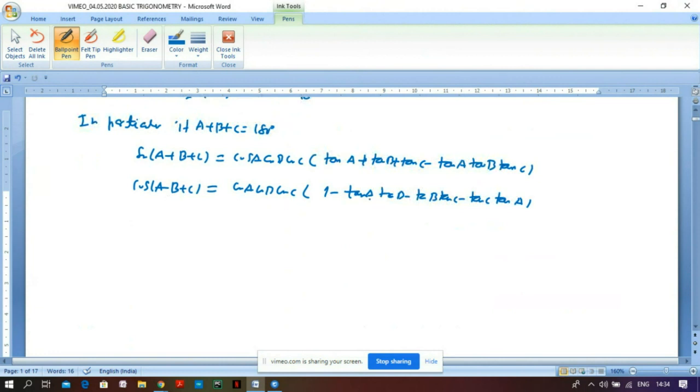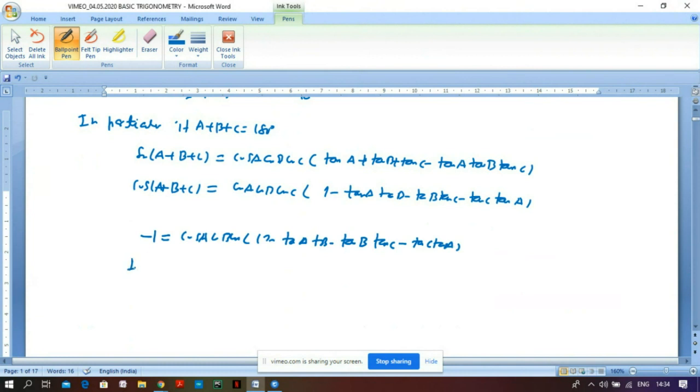And of course tan a tan b I can write as sin a sin b over cos a cos b, so I can write it entirely in terms of cos a cos b cos c, or sin a sin b sin c. Now especially when this is a triangle, a plus b plus c is 180, so this will give you negative 1 equals cos a cos b cos c times (1 minus tan a tan b minus tan b tan c minus tan c tan a).